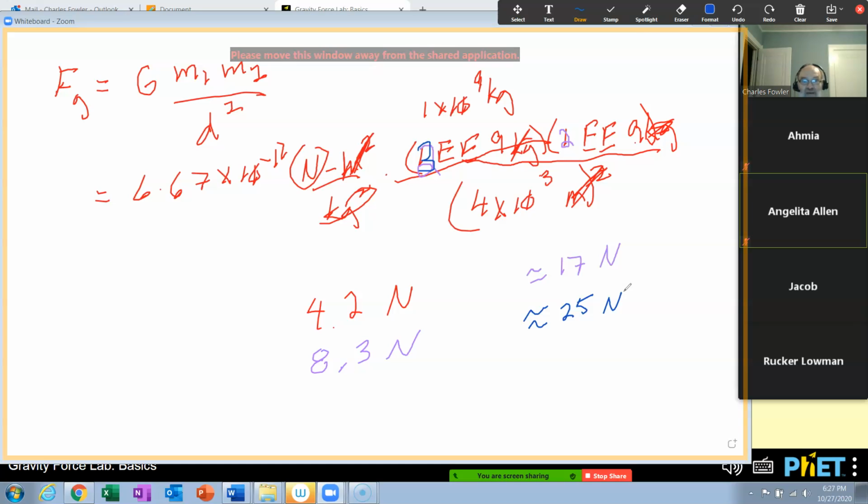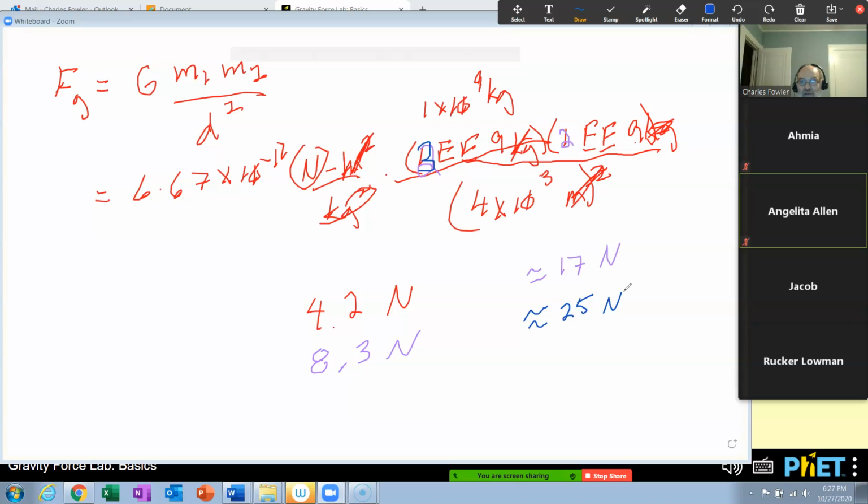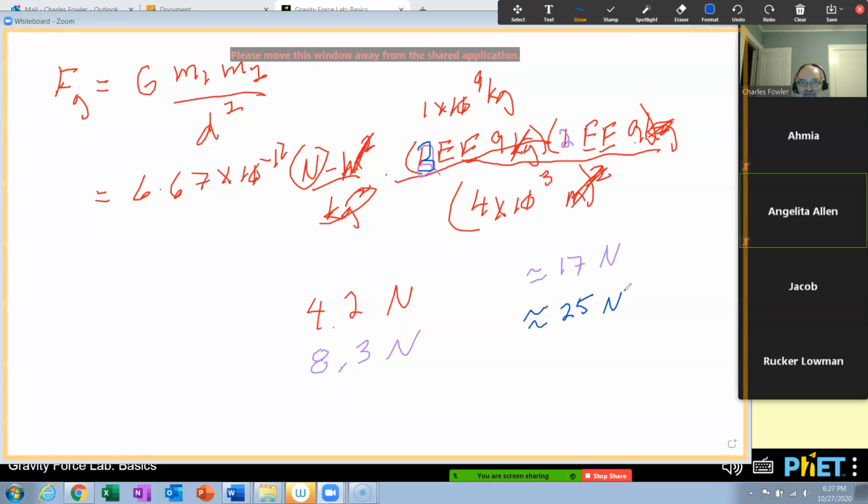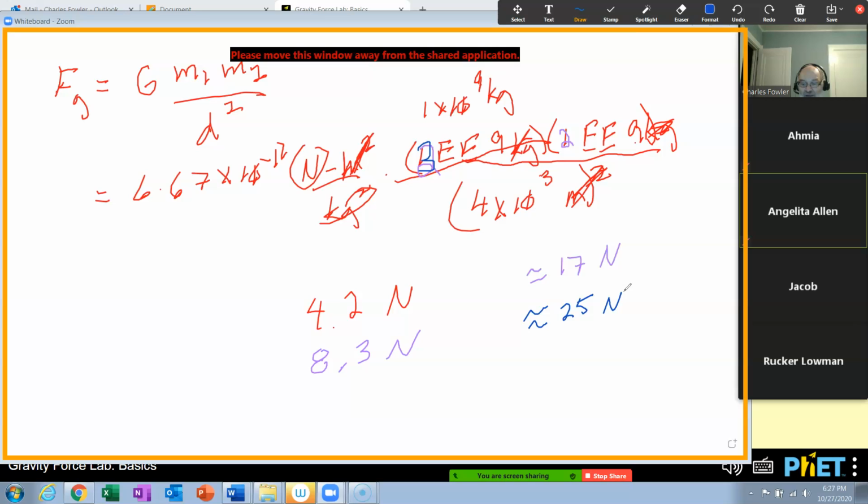Yep, I got 25 again. So you weren't doubling, you went from 2 to 3, which is multiplied by 1.5. Okay, so if you had 17 before and multiply that by 1.5, you're going to be close to 25. Yeah, round off error, but you're close to it. Everybody got it?